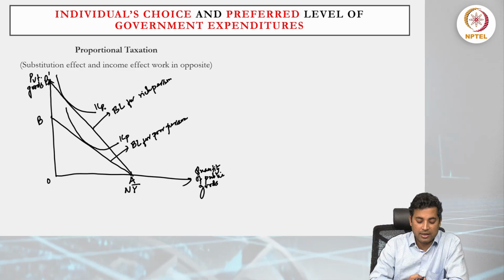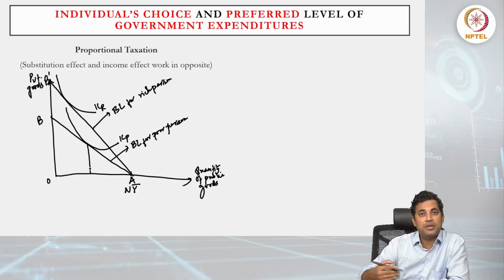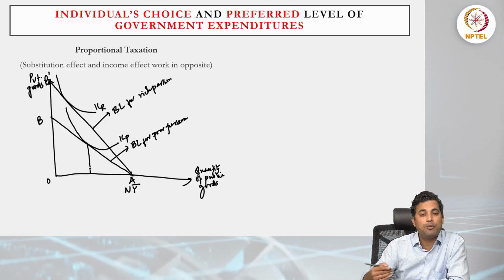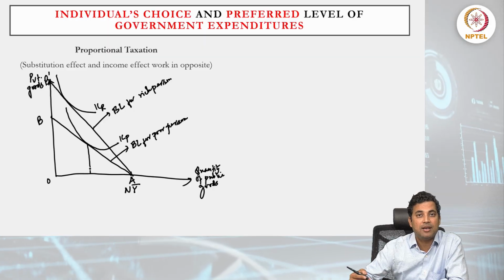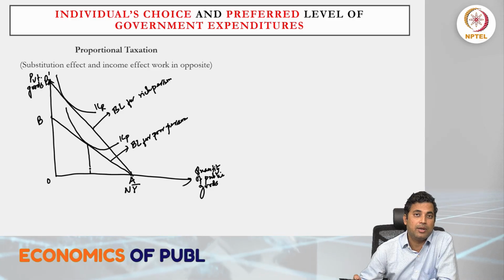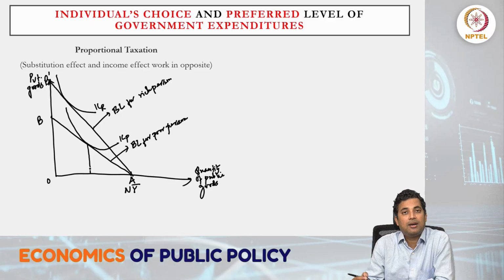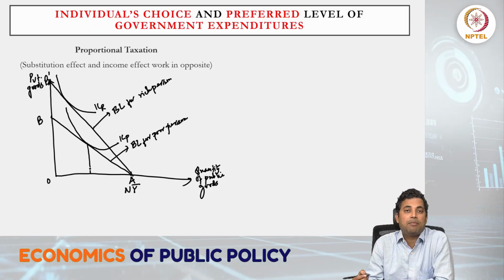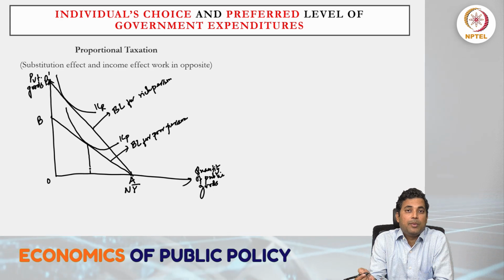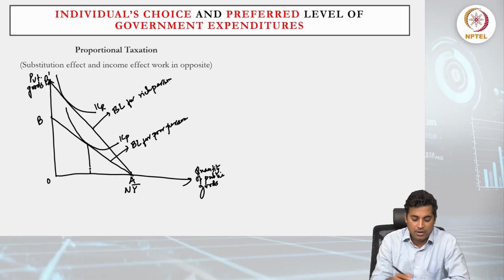Under proportional taxes we see that as income increases, tax needs to be paid more, proportionately. Even for poor people, if their income increases, the poor person also has to pay more taxes. The general tendency is that if a poor person pays more taxes, that person will consume more of the public goods.